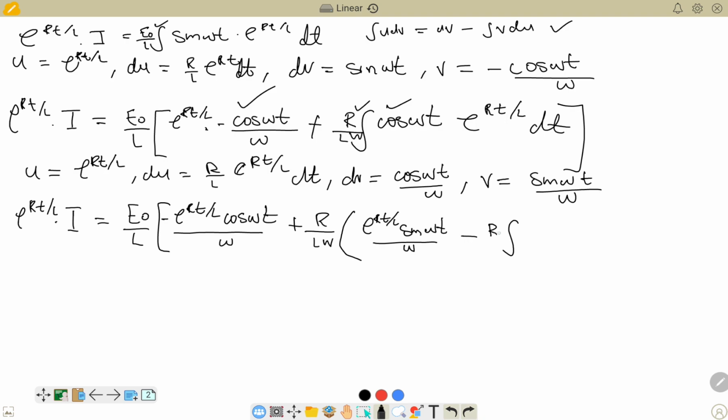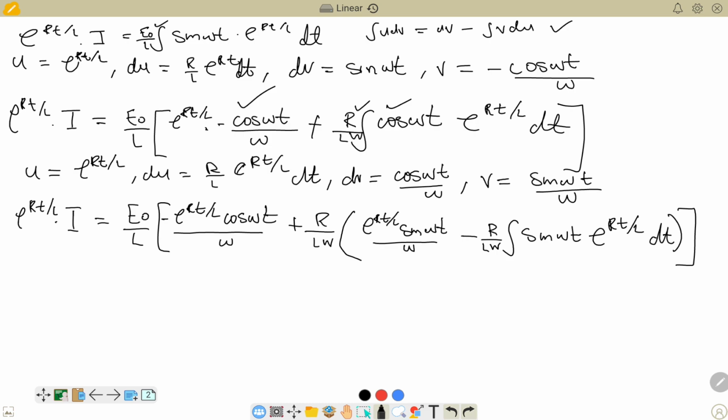So these constants are still the same, so it's r over Lw here. And then we will have v du, we will have sine wt and then e to the power rt over L dt. We close this bracket within the square brackets.